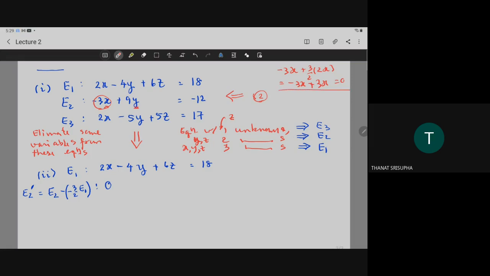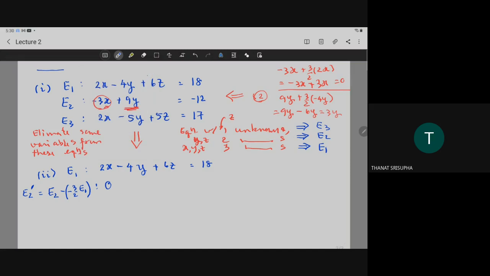Then for the next term, I have 9y and then plus 3/2 of equation 1, which is minus 4y. This will be equal to 9y minus 6y, which is equal to 3y.